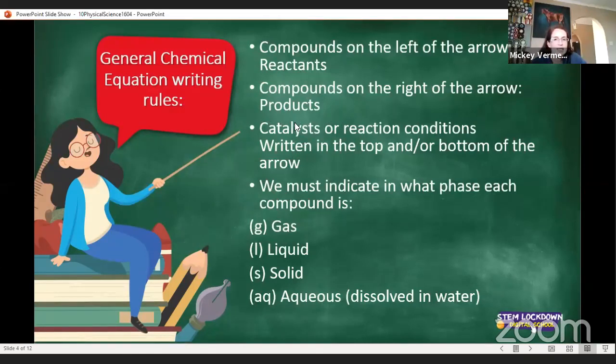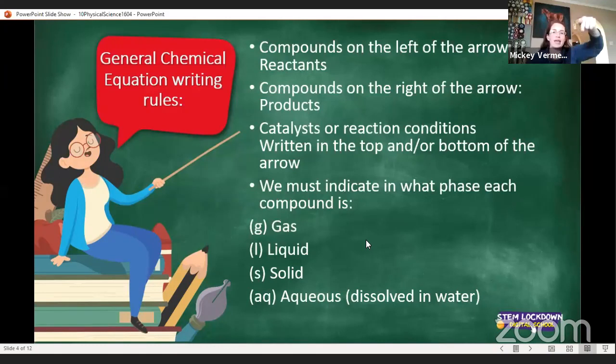So a catalyst is something that makes my reaction go faster. Sometimes it makes it go slow, but that's very, very seldom. But it doesn't take part in the reaction. It doesn't get changed when the reaction happens. All right, guys, so that is a catalyst.